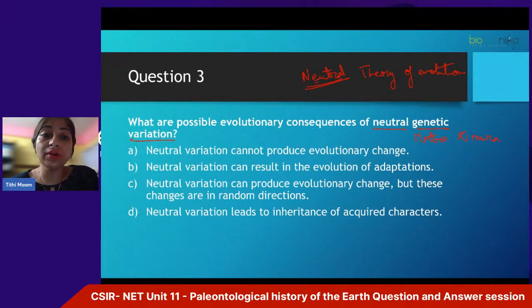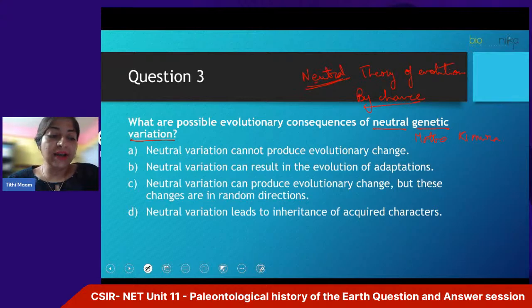This neutral theory says that that will be decided by chance. So if there are selectively neutral variations, then whether they spread in the population or are eliminated from the population will be completely decided by chance.